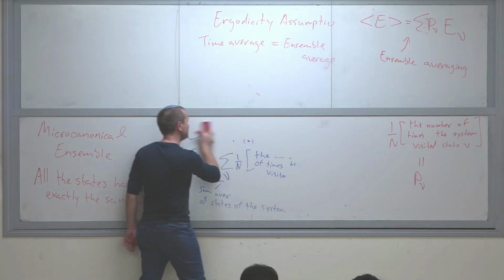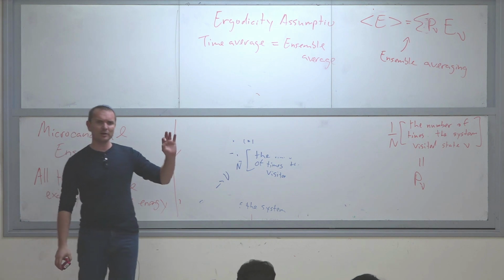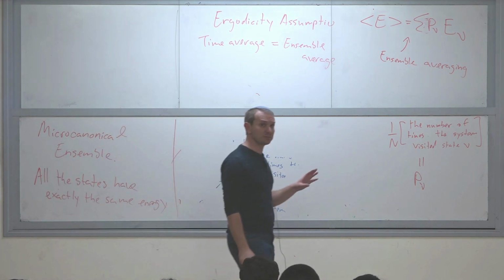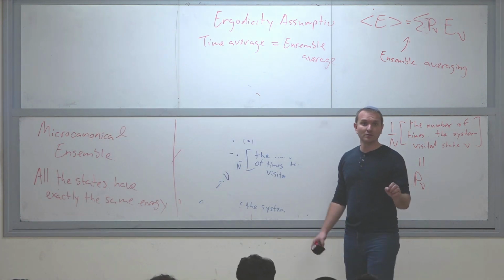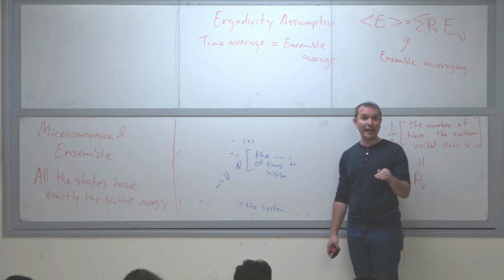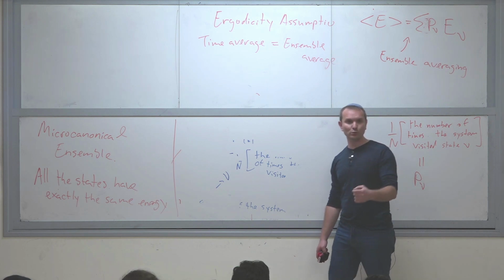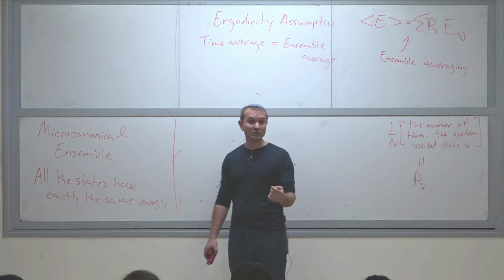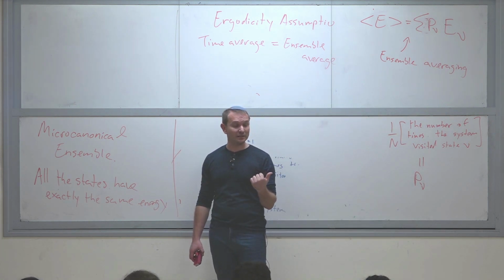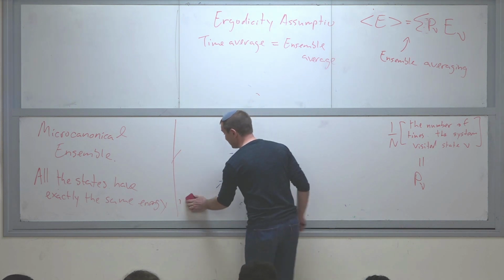I can also assume, well, then it's a little bit of a problem. Why? Let's think about it from a quantum mechanical perspective. I have a system in a very specific state A with energy E. If it's a coherent state, it should not jump from state A to state B if the energy of state B is exactly the same as the energy of state A. It won't happen from the quantum mechanical perspective.